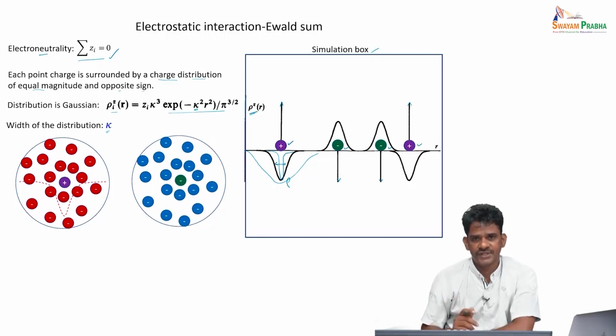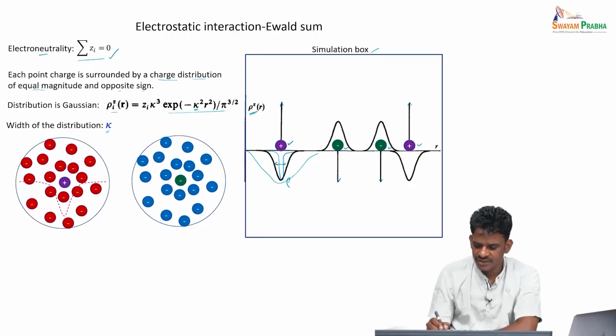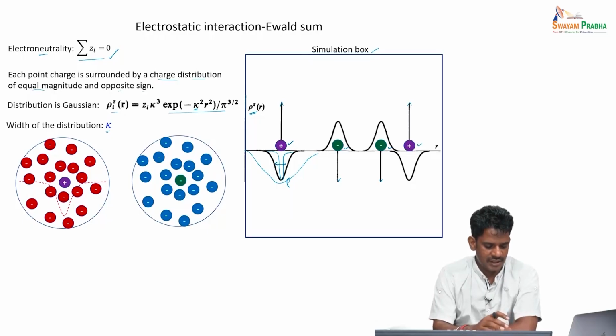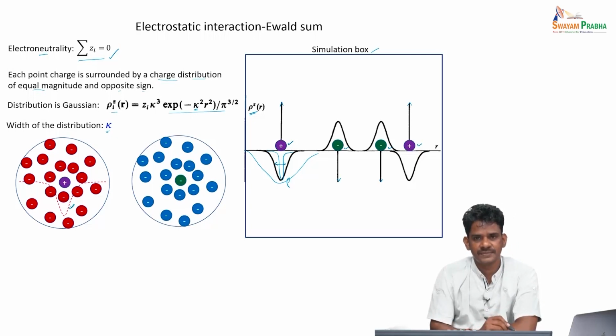So what is the meaning of this? Imposing a charge distribution over an ion basically means that if this is my charge here, the purple one, we are thinking of having virtual charges put around the positive charge, so that if I look at the charge distribution around it, it follows this kind of Gaussian distribution.